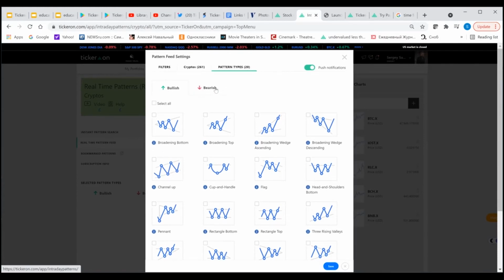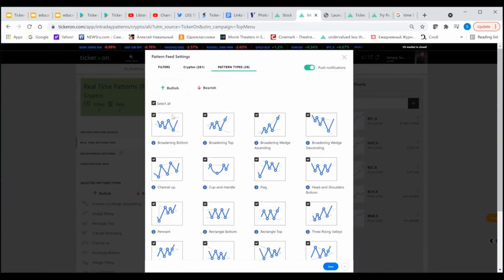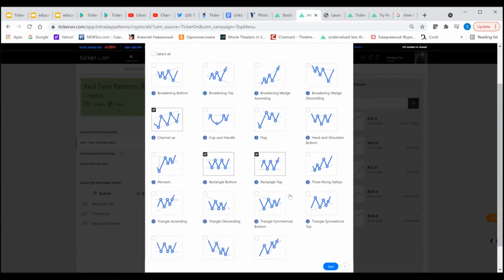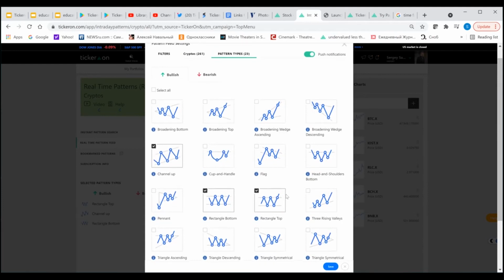It looks like the search was set up only for the bearish patterns. For the bullish, you have to click either all, or what you can do, let's say I want to look only for this type of channel. You see channel up. This is a horizontal channel. This is a channel. And that's about it with regard to channels.